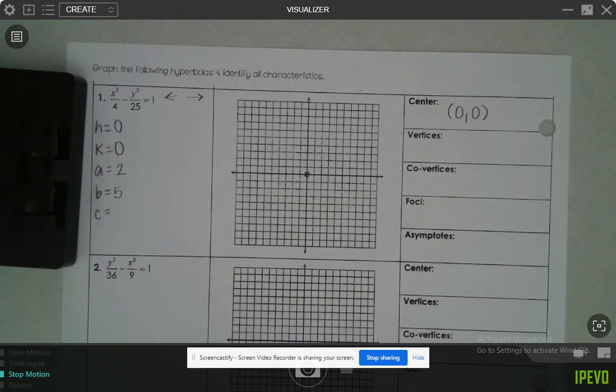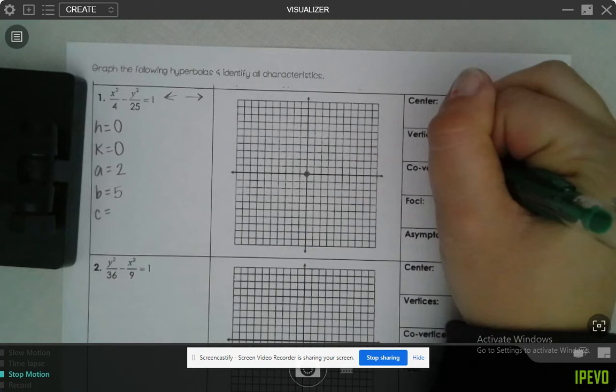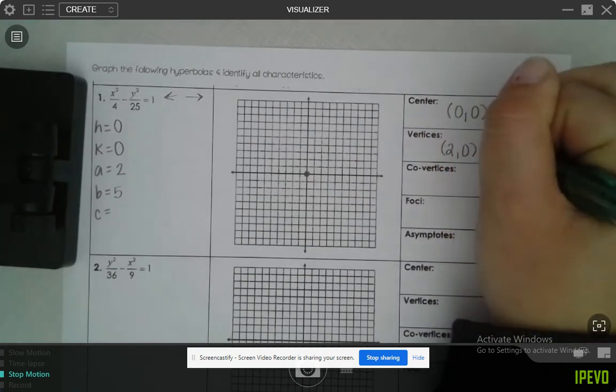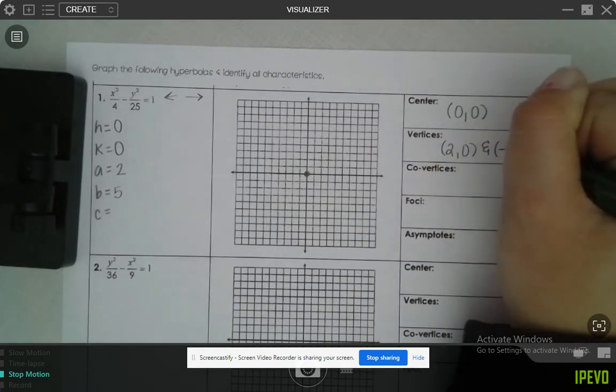What does it say I do? To what? The center. But you have to know which point to add or subtract it to. Which way am I opening? So which one am I going to add it to? Just the X, because it's horizontal. So you're going to add 2, and you're going to subtract 2.